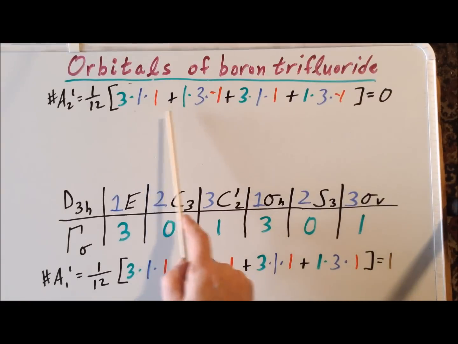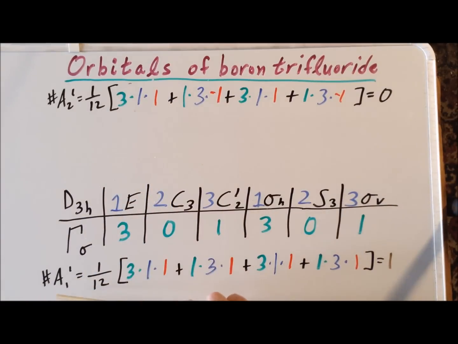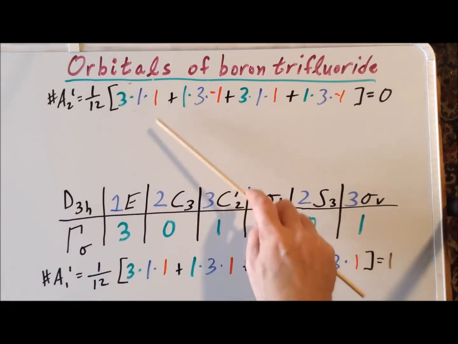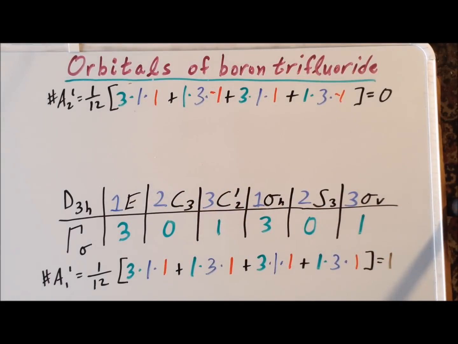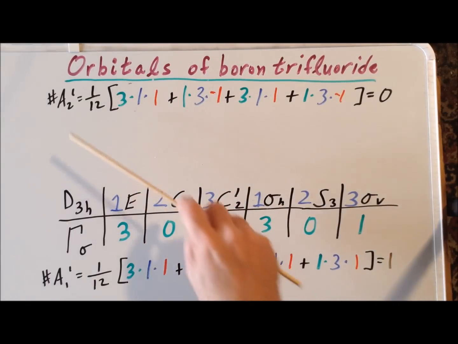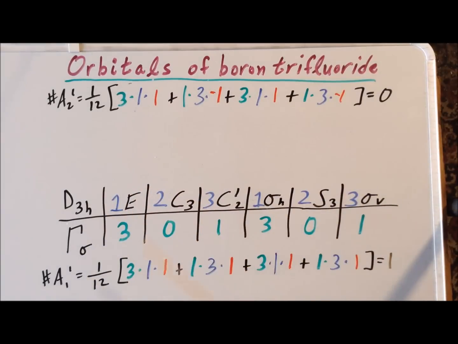The only number that will change in each of the lines here, say going from A1 prime to A2 prime, is the third number. So the number that we've shown in red, because that comes from the character table for the irreducible representation, and these can be different going from line to line.